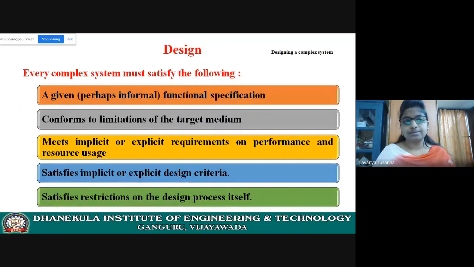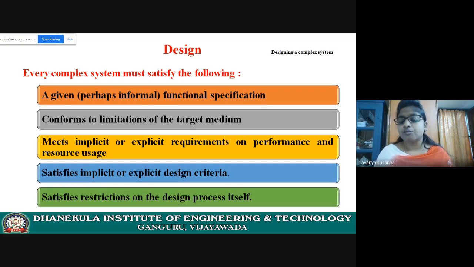Next, design. While designing a complex system, every complex system must satisfy the following, so you need to keep these criteria in mind. Every complex system must satisfy a given functional specification.